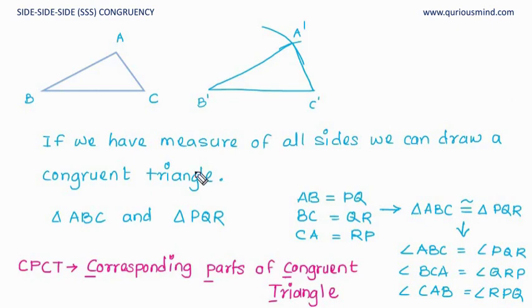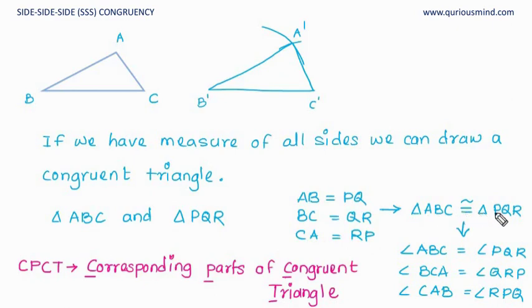So if you relook at this, we saw that we were able to draw the same, or congruent, triangle when we were given all the 3 sides. And from that we understood that if between two triangles all the 3 sides are the same, then we can say that the triangles are congruent.